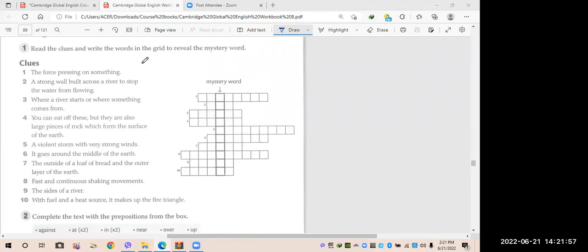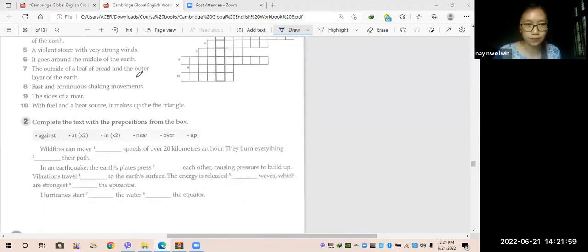Yes, teacher. We'll move to number 2. Complete the text with a preposition from the box. So you just have to fill the blanks by using these prepositions.